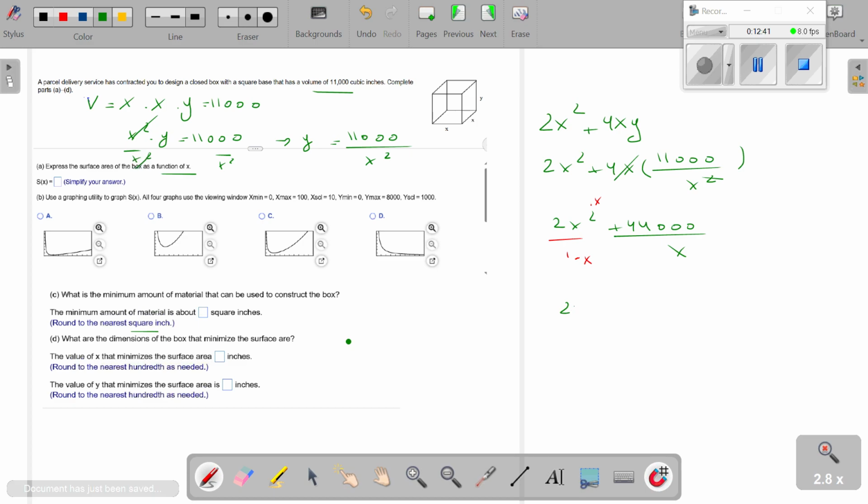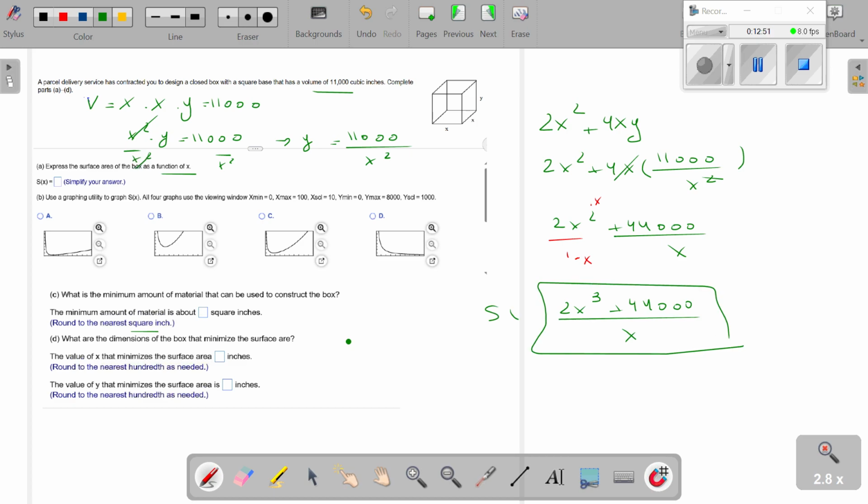We'll have 2x to the power of 3 plus 44,000 divided by x. So this is the function S of x, which is the surface area as a function of x. Then it's asking us to graph the function.